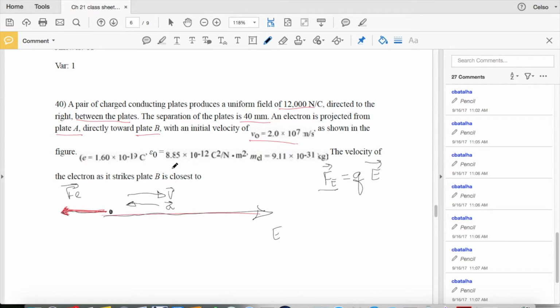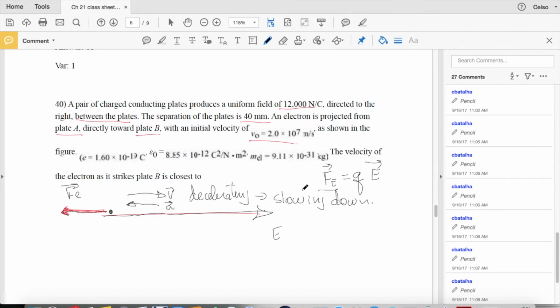Because both vectors are in opposite directions, it means you have a decelerating situation, a slowing down process. The acceleration is negative, so you have a slowing down process.